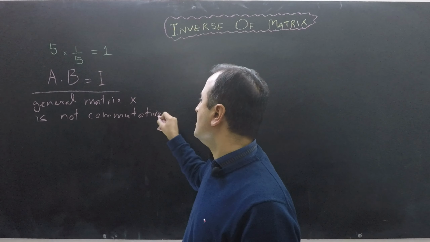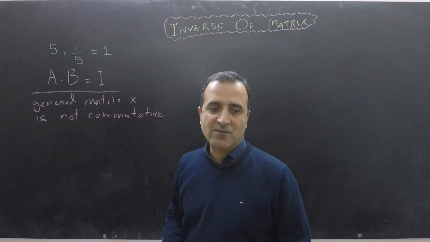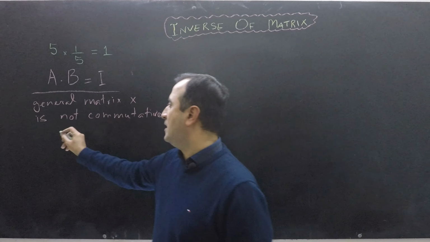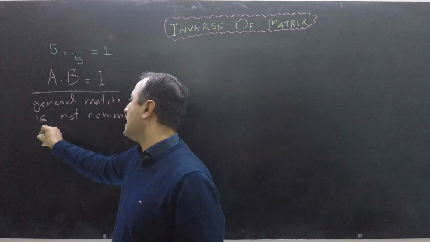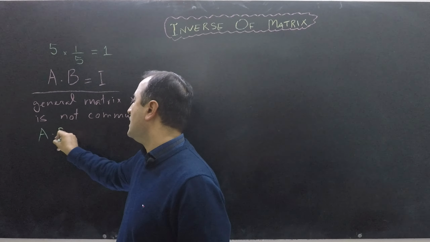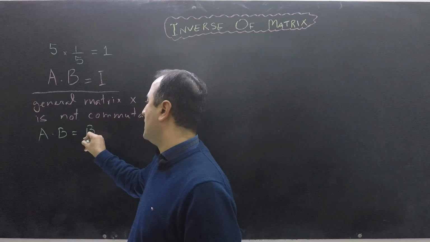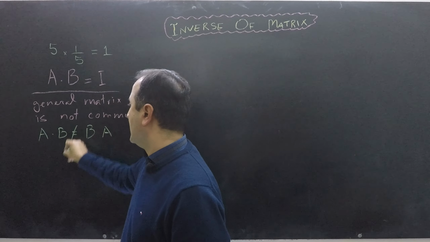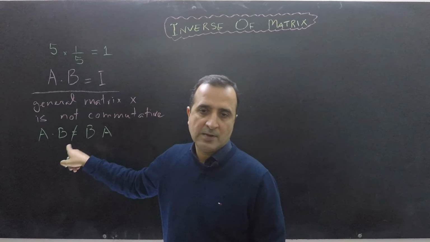So in general, matrix multiplication is not commutative. That means in general, I cannot say that A times B is equal to B times A. In general, this is not true.